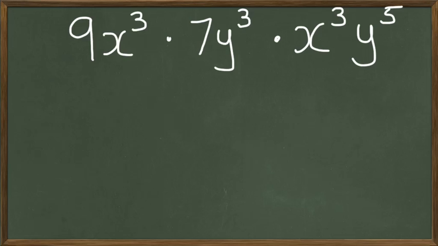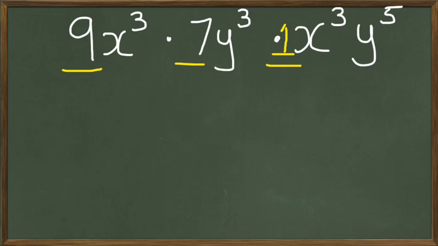So let's start doing the numbers first. You've got 9 here, and then you've got 7. Now here, you've got no number. But remember that if x is by itself, then it's the same thing as saying 1.